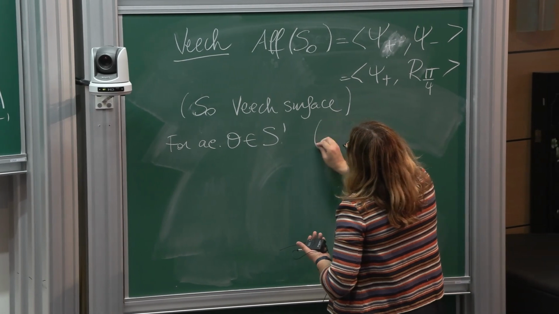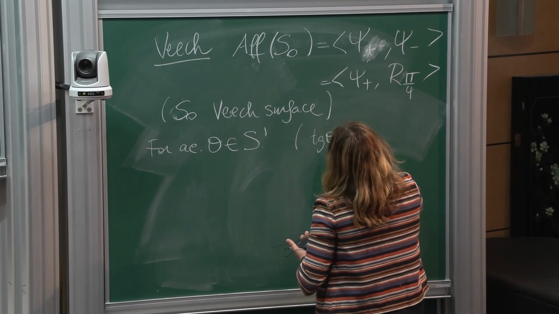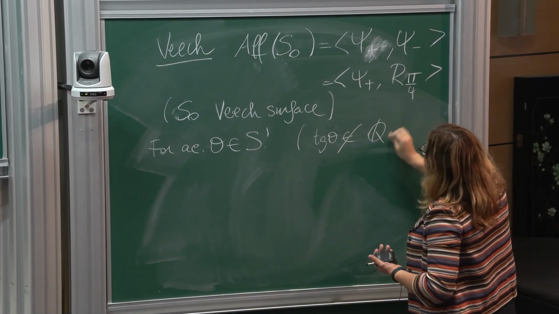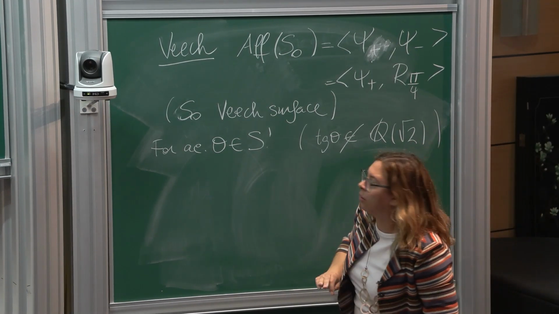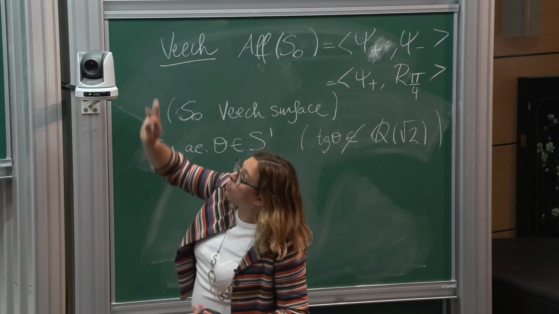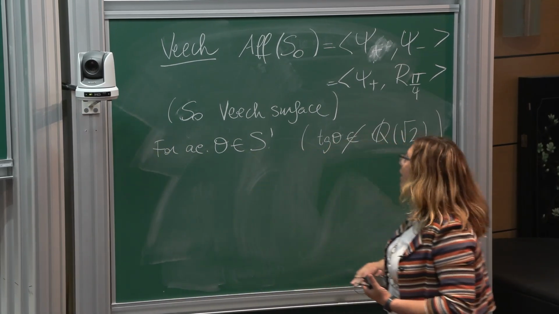And this almost every can be made precise: everyone whose tangent is not in Q(square root of 2). This is a special arithmetic property of the regular octagon, and this square root of 2 is related to the square root of 2 we had in the matrix.